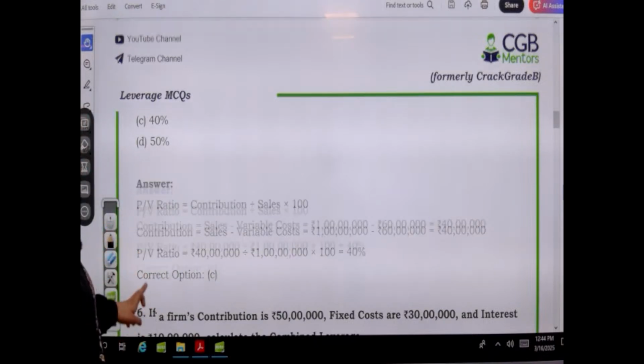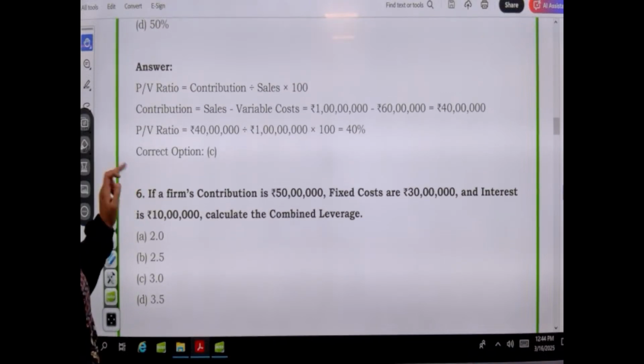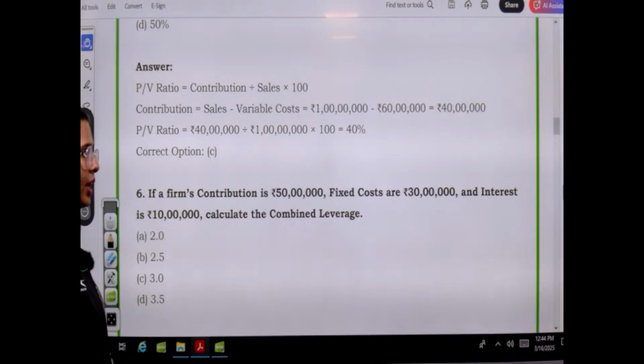Now next: if a firm's contribution is 50 lakhs, fixed cost 30 lakhs, interest 10 lakhs, you have to calculate combined leverage. Can we calculate it? Yes.